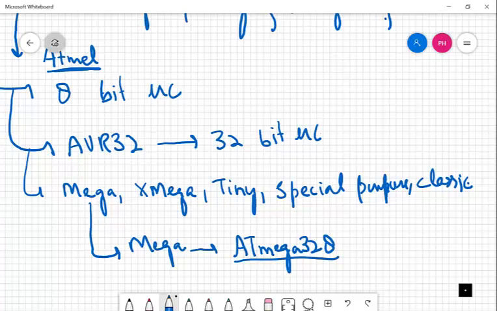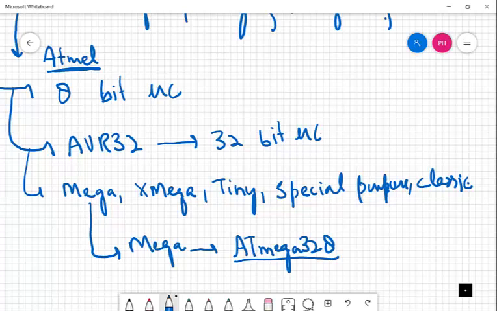Because it's powerful, it's widely available, it is easy to study, its cost is very less, maybe 100 rupees per microcontroller. It has DIP package, quad flat package, both packages. Speed is good, we can use it in most of the applications we'll be designing.